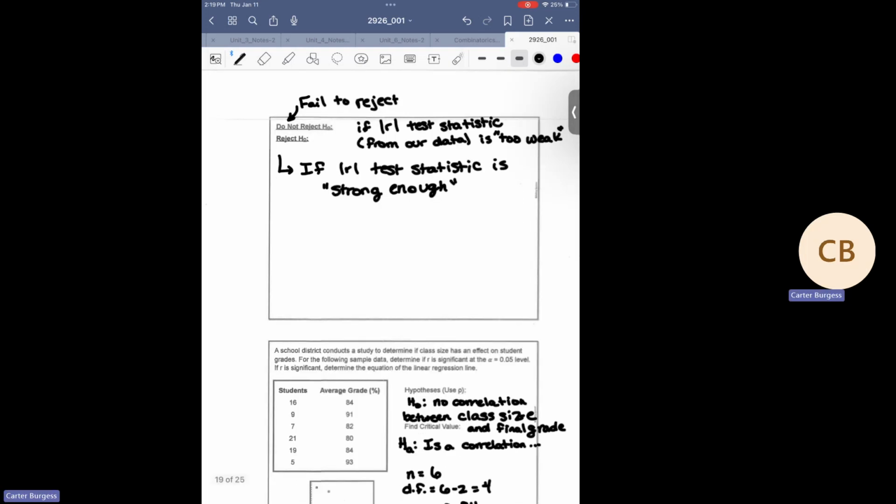Any other questions with our process here? Okay, so tomorrow we have a quiz over the linear regression, scatter plot, correlation stuff. 1.1, 1.2, so not this, but just 1.1, 1.2.